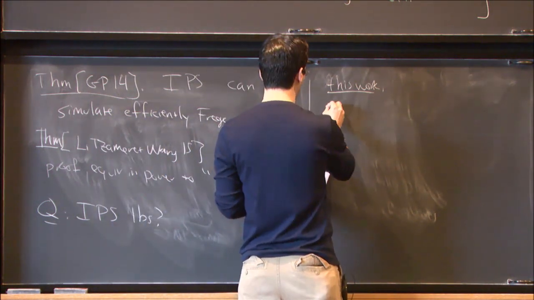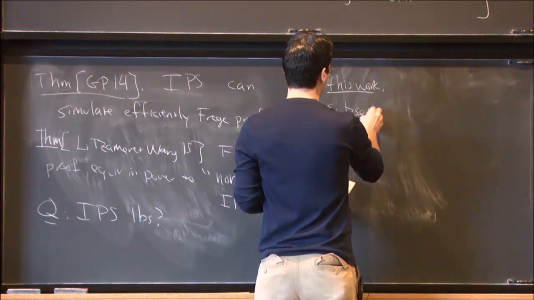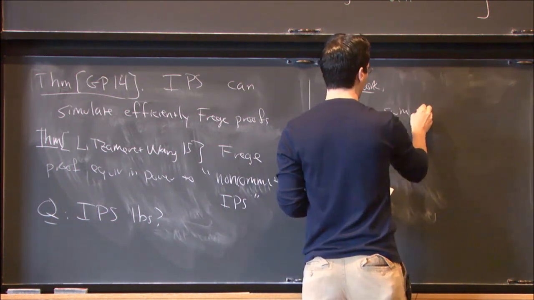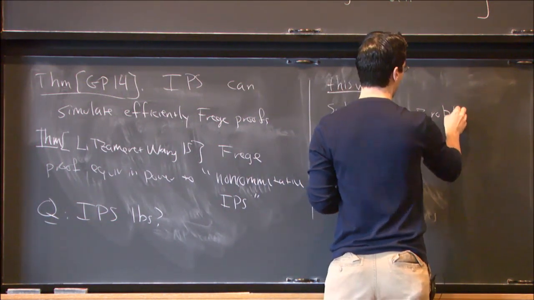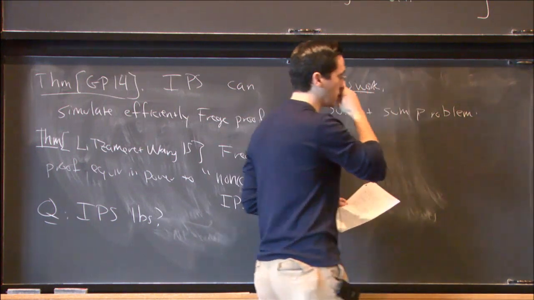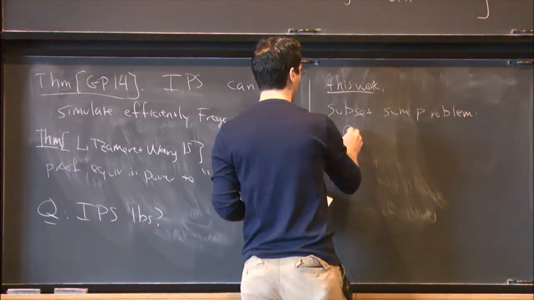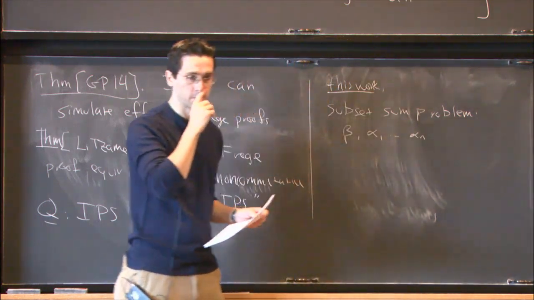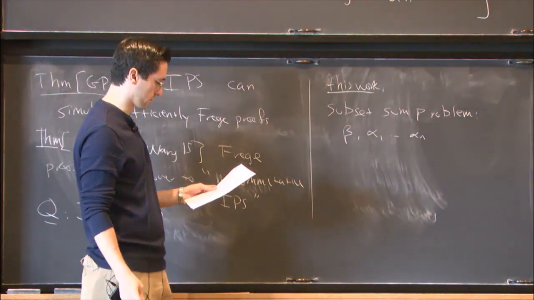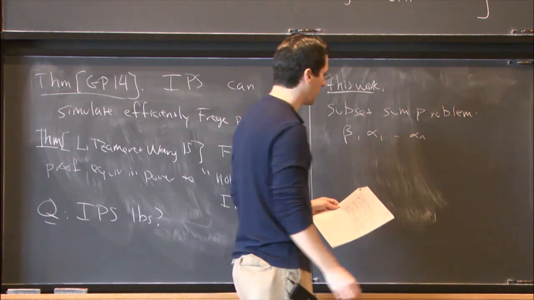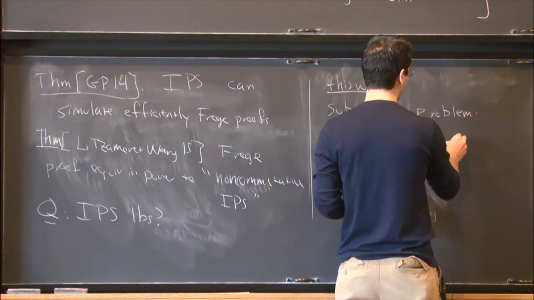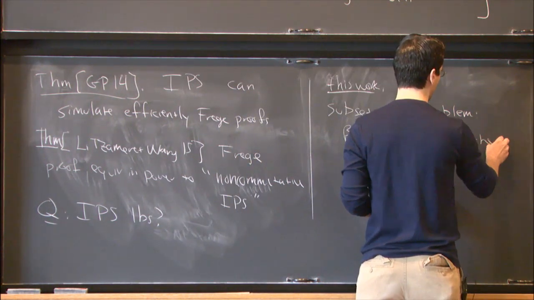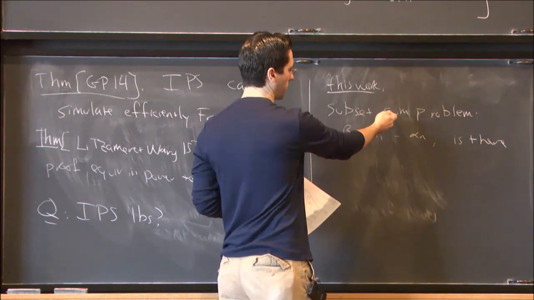OK, so we'll call this the subset sum problem. This is a well-known NP-complete problem. You're given beta, and you're given n numbers alpha 1 to alpha n. Typically, you think of them as integers encoded in binary. And the question is, is there a subset that sums appropriately?